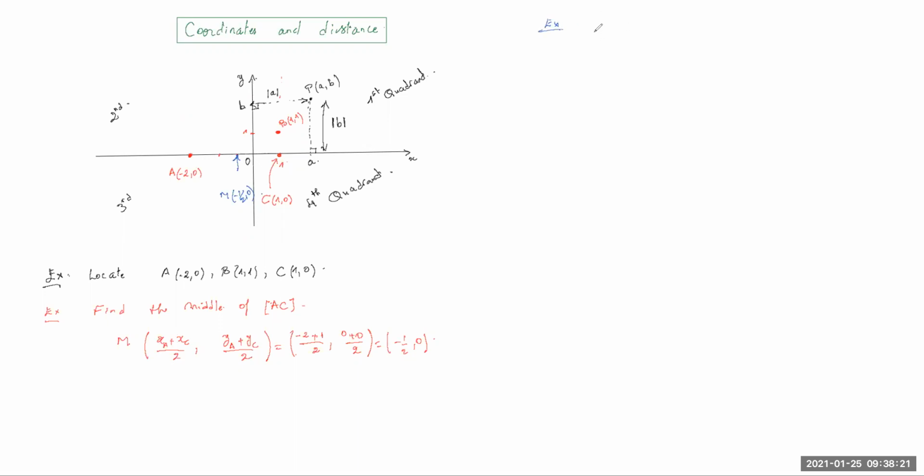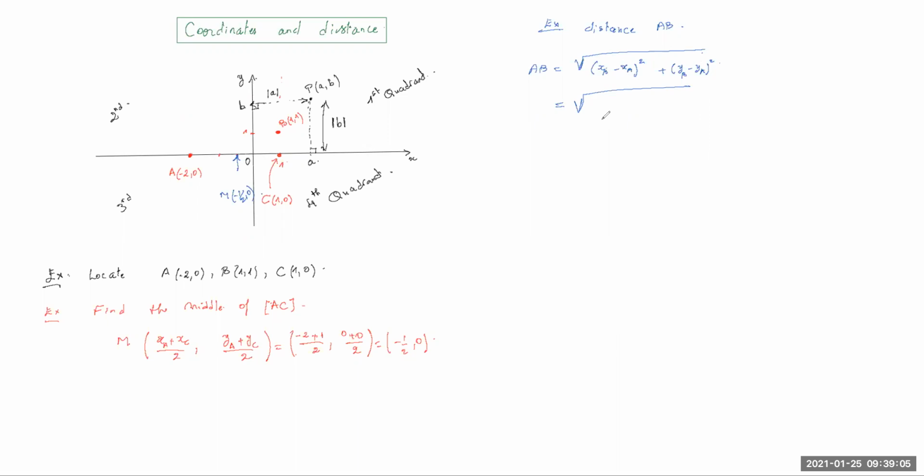The distance AB is given by the square root of the difference between the x-coordinates squared plus the difference between the second coordinates squared: XB minus XA squared plus YB minus YA squared.